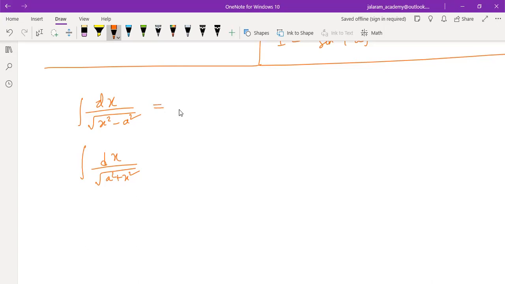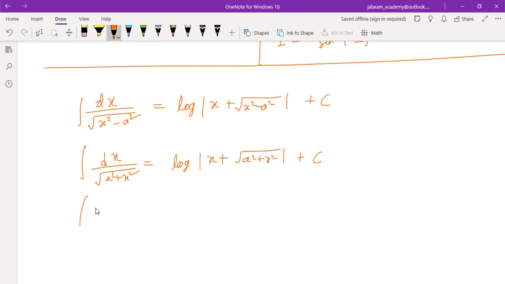These two formulas give log, remember, x plus root x square minus a square plus c. And one more, log x plus root a square plus x square plus c. So write all these formulas and learn them also.